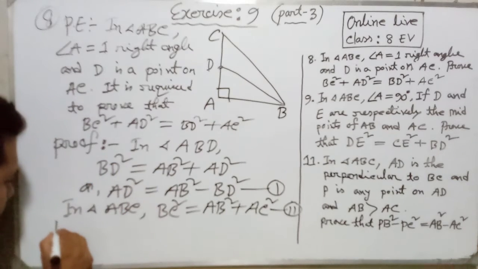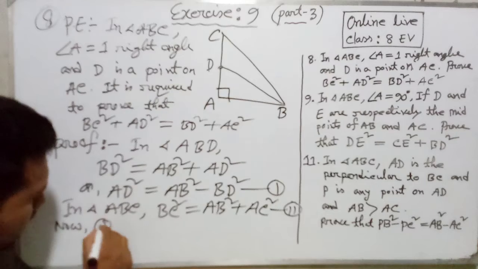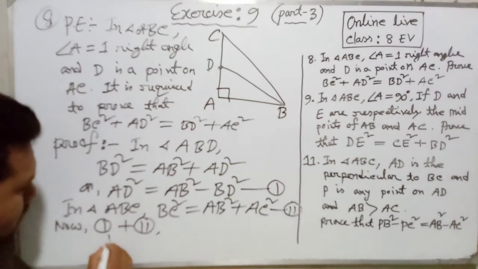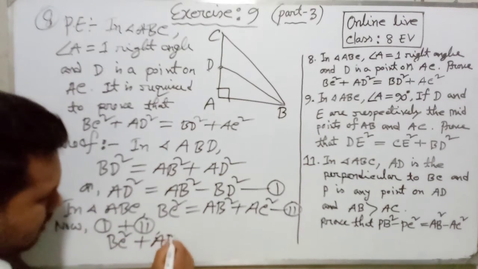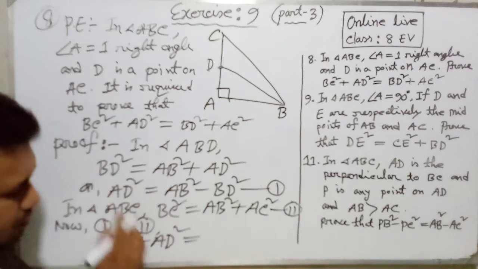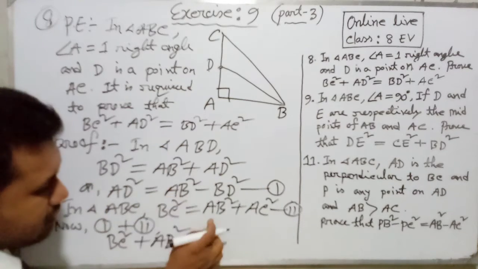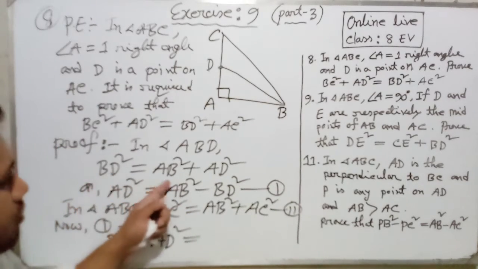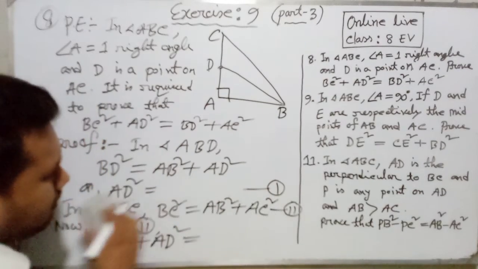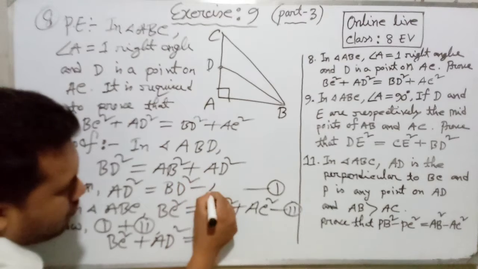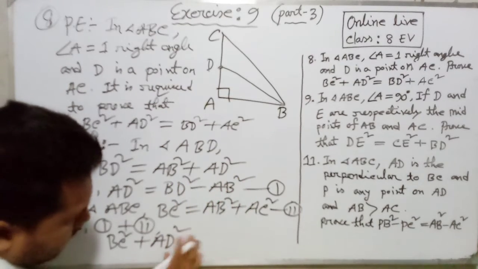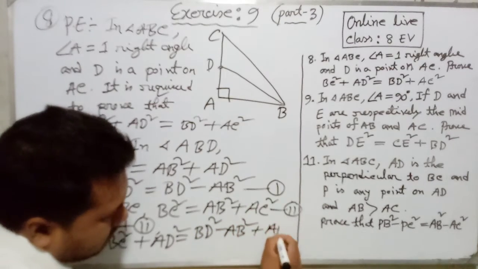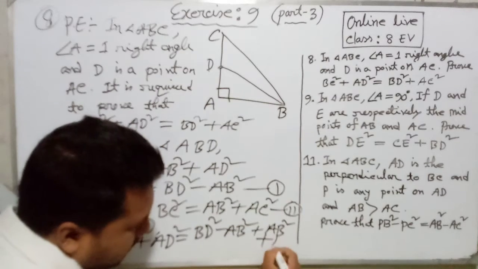Now if we add equation 1 and 2, what will be the answer? It will be BC square plus AD square equals BD square minus AB square plus AB square plus AC square.